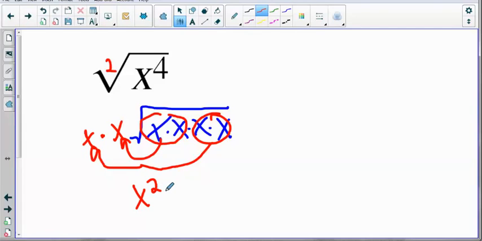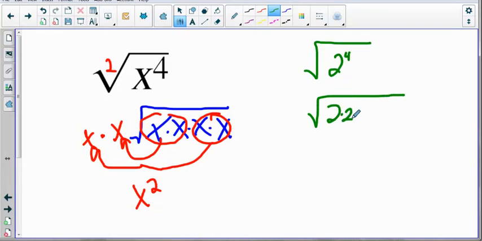And if I wanted to look at a number version of this, again, to help make it make sense in my head, I happen to know that 2 to the fourth is 16. But anyway, I'm looking for 2 times 2 times 2 times 2. As we know, 4 times 4 is 16, or 2 times 8 is 16, however you want to look at it. 2 times 2 is 4, times 2 is 8, times 2 is 16.